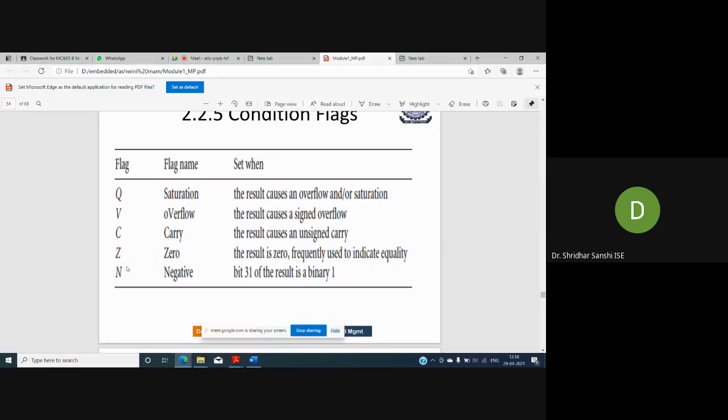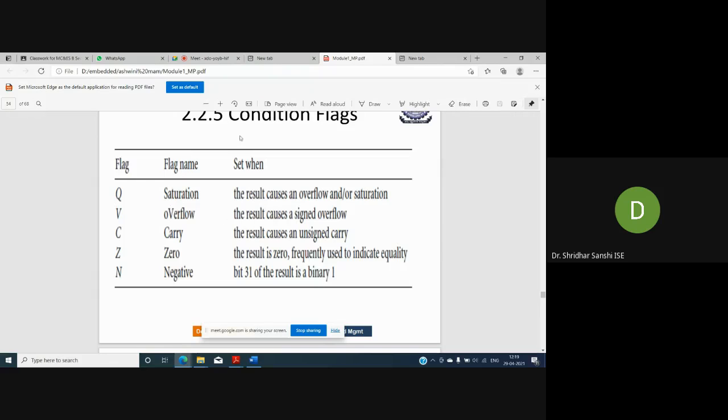And the last flag, that is N, is used to indicate whether the value is negative. If we have a negative value in the register, then bit number 31 is set to binary 1. So this is the use of the N flag.